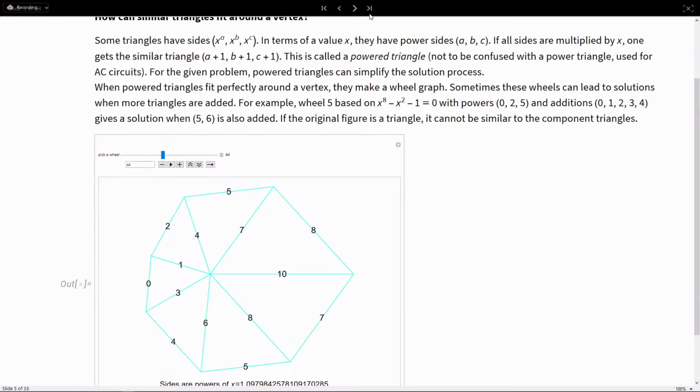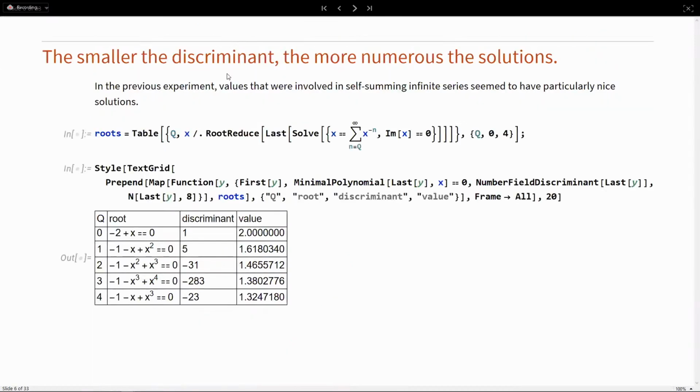So one thing I noticed was the values that turned up a lot were 2, 5, or the golden ratio, minus 31, or the super golden ratio, minus 283, or the chi constant, and minus 23, the plastic constant. And I noticed that all of them were basically sums of themselves.